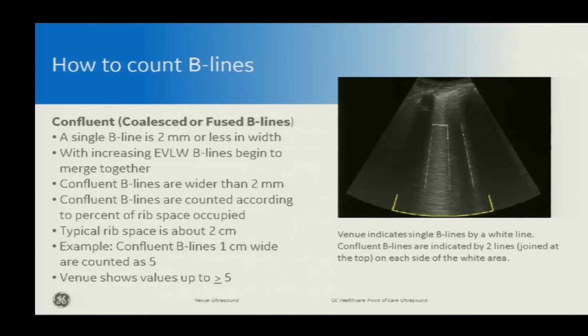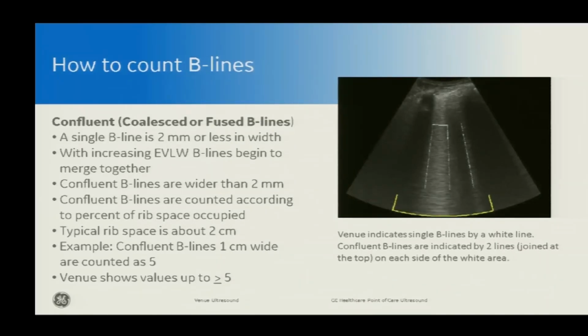A single B-line is about 2 millimeters or less in width, just below the pleura. With the increasing extravascular lung water, B-lines begin to merge together. Once they start merging, then we refer to them as confluent B-lines or coalesced or fused B-lines.